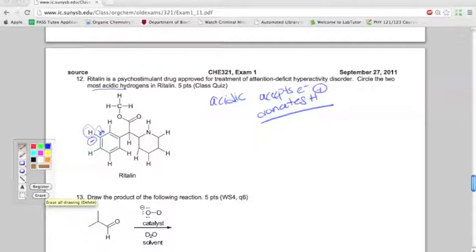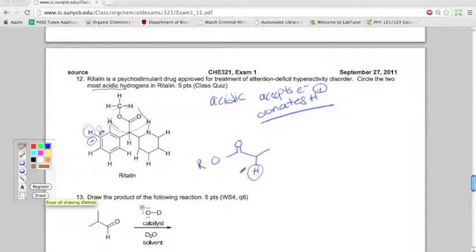But here we have something that's very interesting. We have our ester. Now, again, as we said, the carbon coming off of a carbonyl directly attached has very acidic hydrogens. And let's draw this out to give a more visual representation.